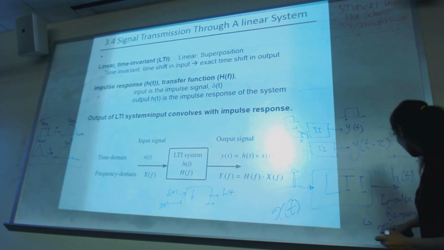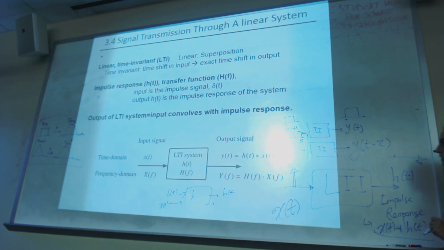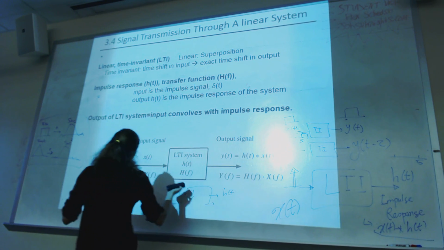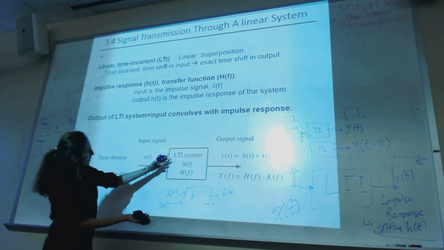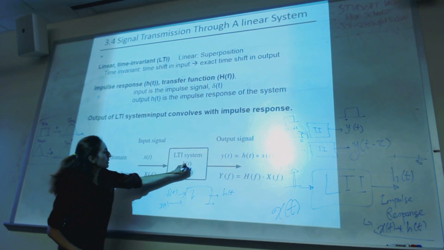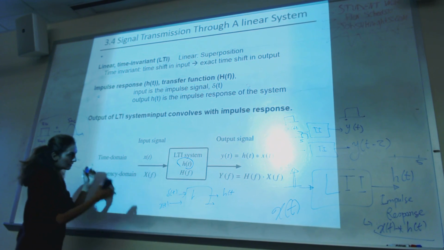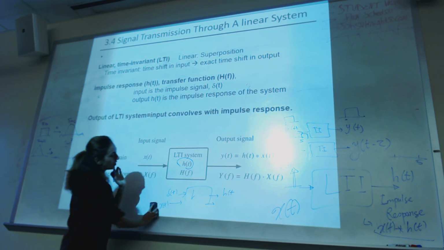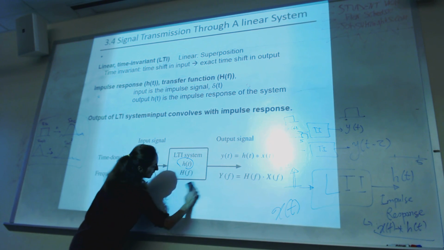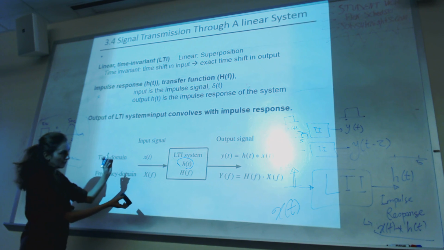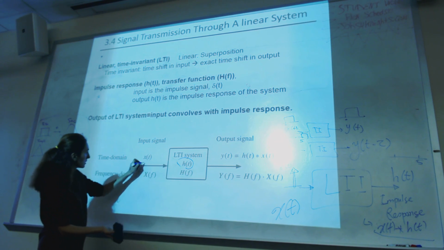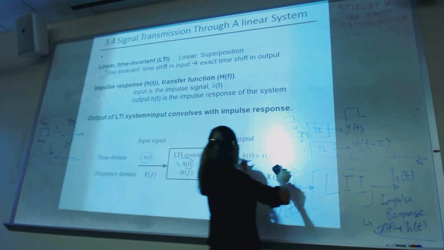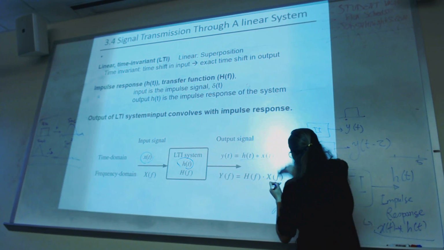That's a very nice characteristic. Therefore, when we talk about an LTI system, we only represent it with the impulse response, because that's the only information I need to know about the system. Any other input is just a convolution.